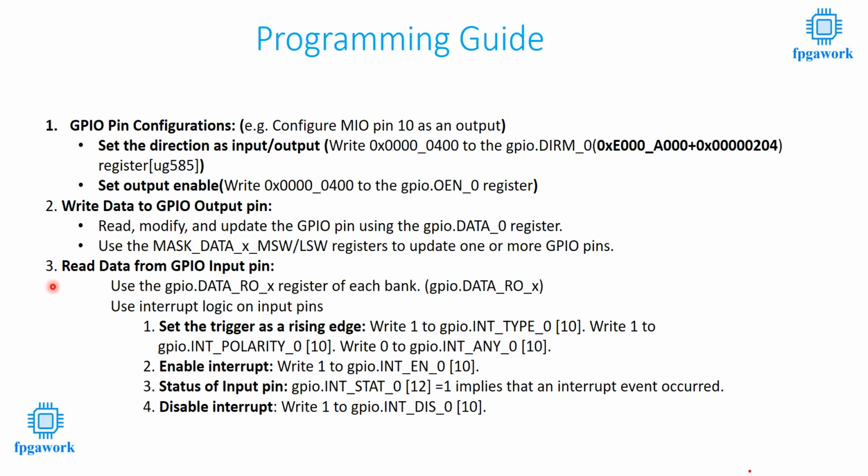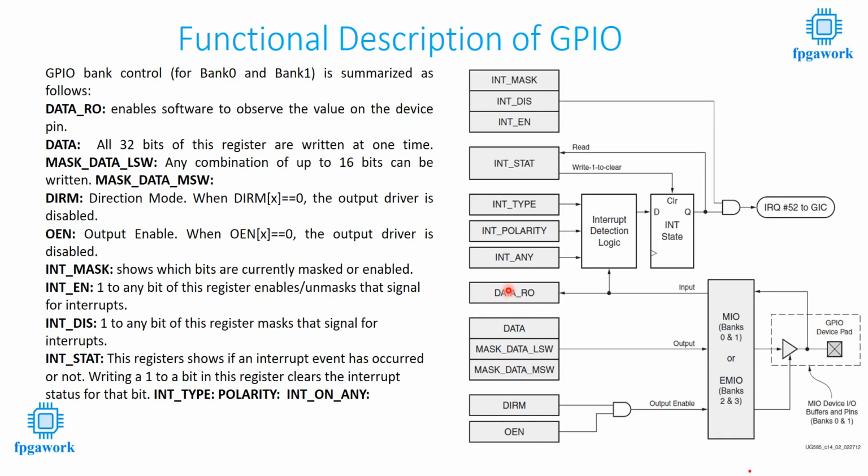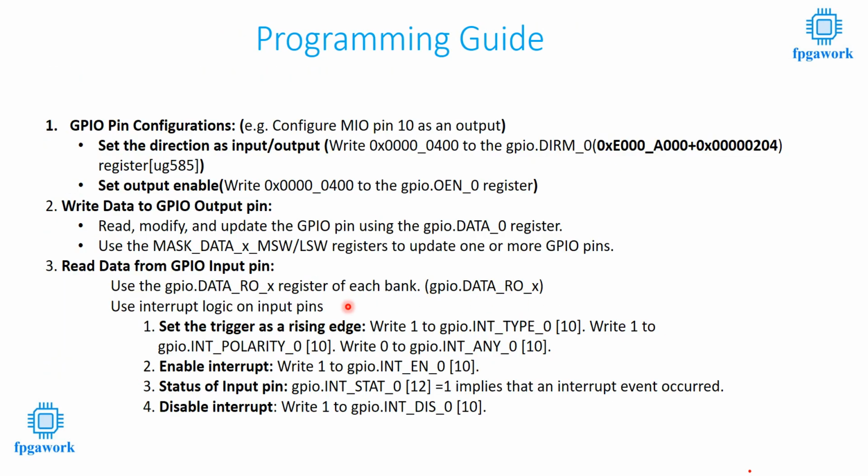In the same way, while reading data from a GPIO pin, we can directly read our data from DATA_RO, read only. Here underscore X represents the bank, and the bank can be 0, 1, 2, 3.